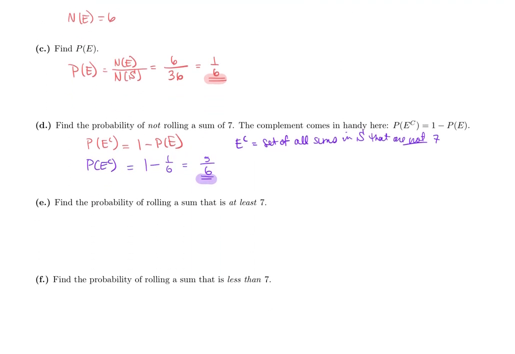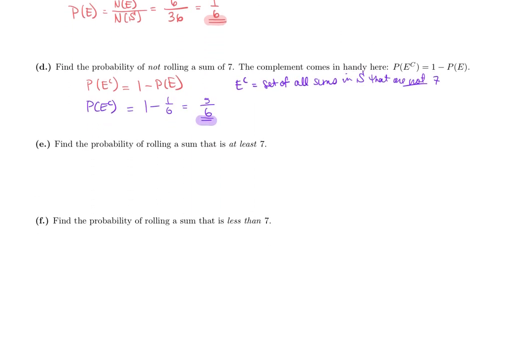So if we scroll back down to E, we would say then that our number of ways, so this event is going to say, roll a sum that is greater than or equal to 7.